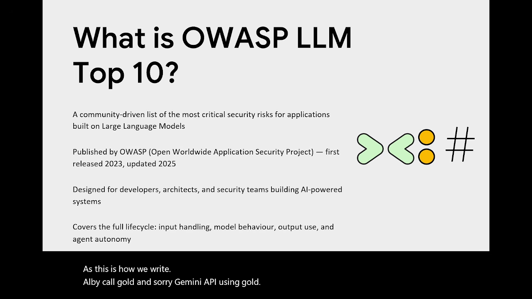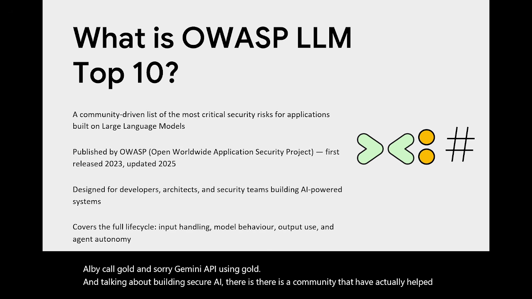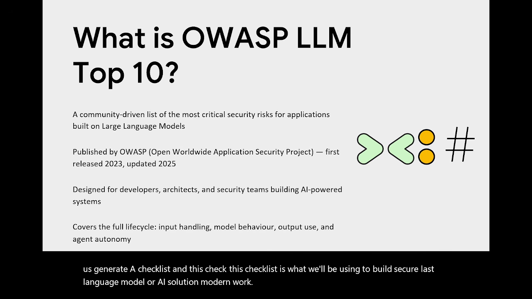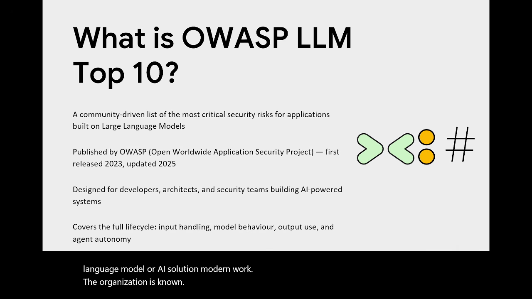And talking about building secure AI, there is a community that has helped us generate a checklist, and this checklist is what we'll be using to build secure large language model or AI solutions in the modern world. The organization is known as the Open Worldwide Application Security Project, OWASP.